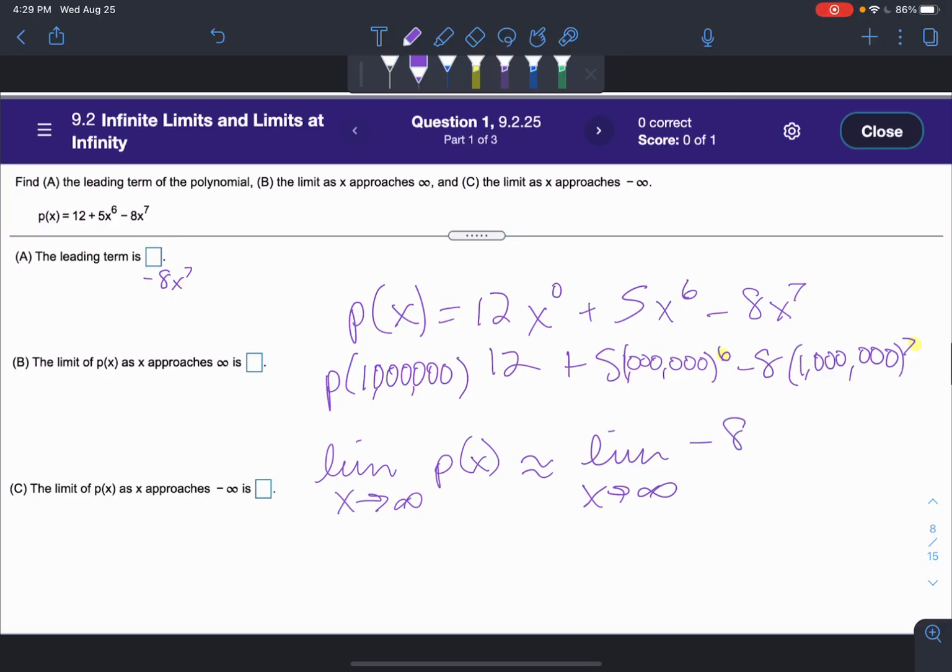All right, so if we put in a really large number, infinity, and we raise it to the 7th power, it's going to get very large. This is going to be very large, infinity, and then just watch for the negative here. So our limit will be negative infinity.